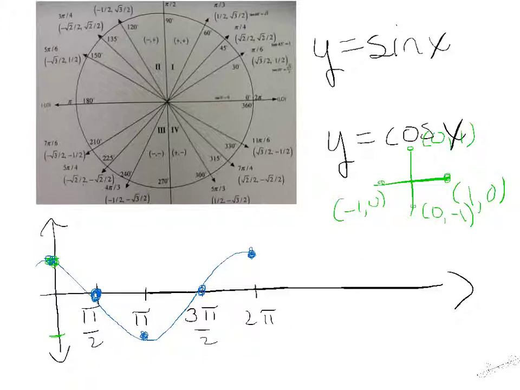Now, if I continue another period, we've got 2 pi, this is 3 pi over 2. The next one's going to be 5 pi over 2, 3 pi, 7 pi over 2, and 4 pi.